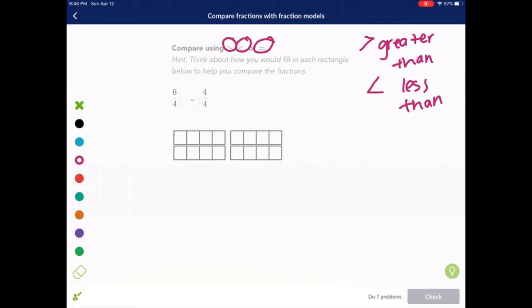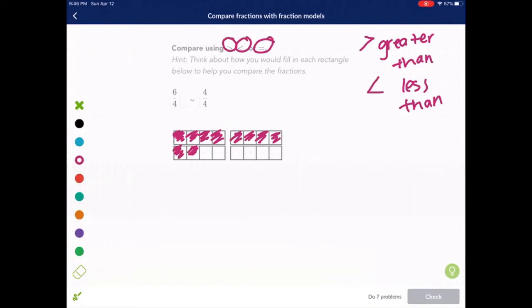So if I was gonna color in here 6/4, I would do it like this. 1, 2, 3, 4, 5, 6. And then if I was gonna color in 4/4, I would color it in 1, 2, 3, 4.